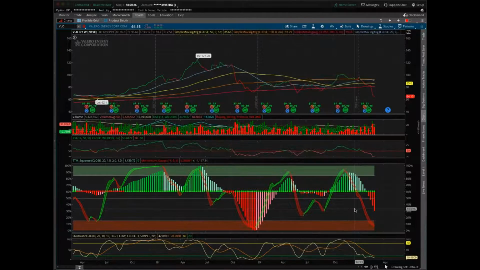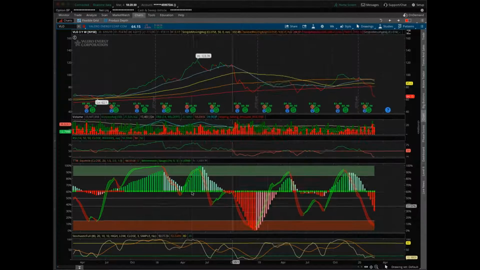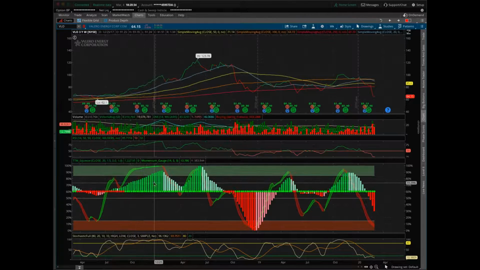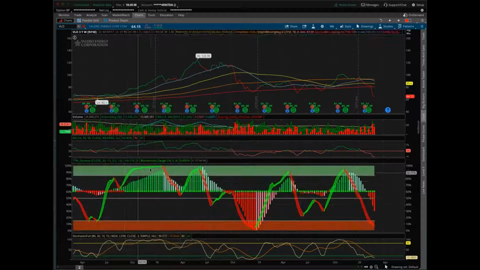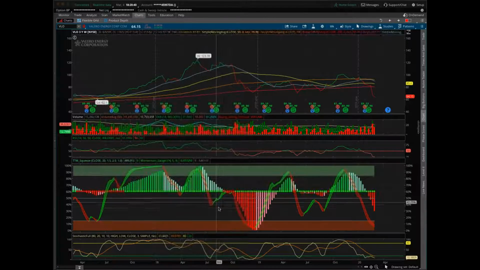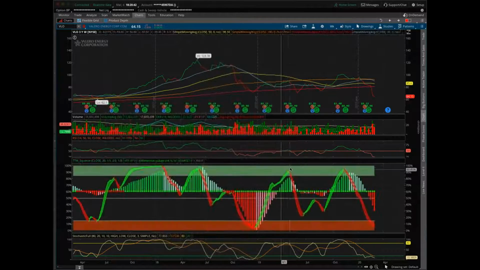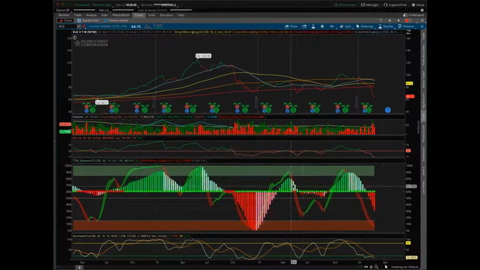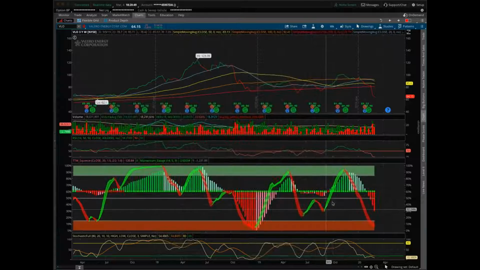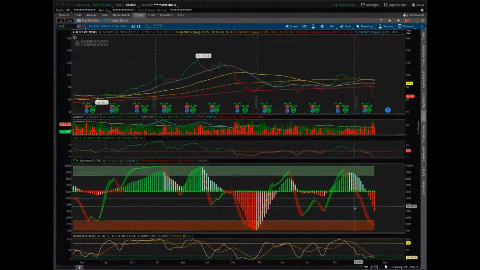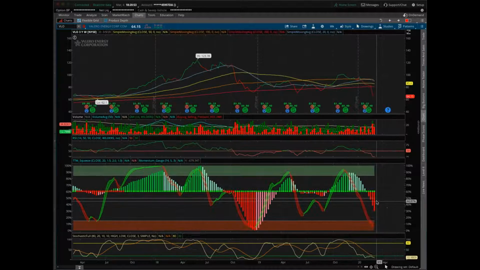It's just measuring the momentum to the upside and the downside. It's in line with the TTM squeeze bars. I don't really like the bars, so that's why I like the momentum gauge. It goes in line with them, but I think it's a better gauge than the bars. I'm just not a fan of the bars.